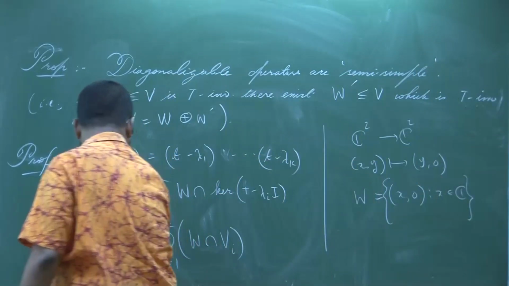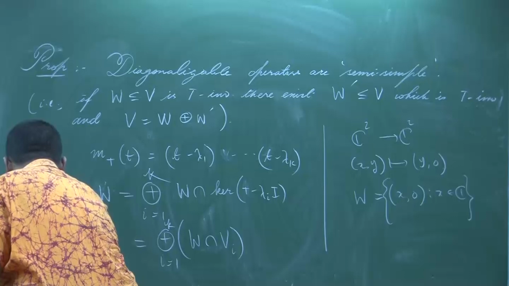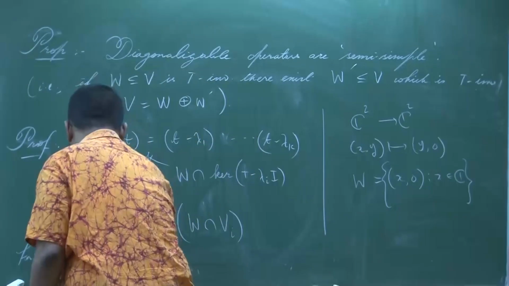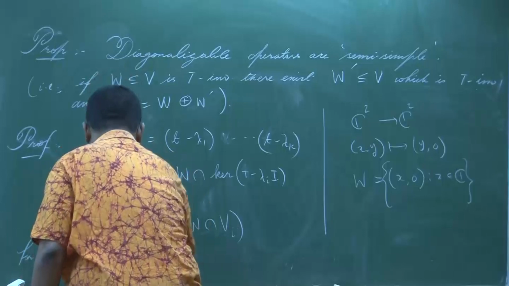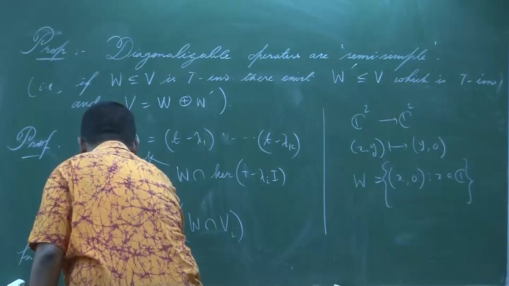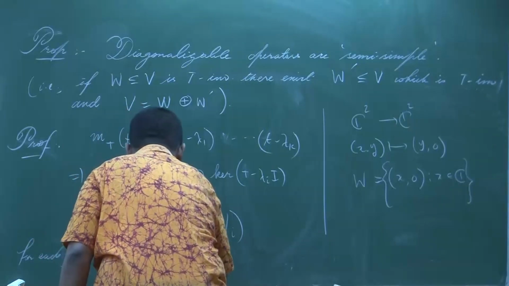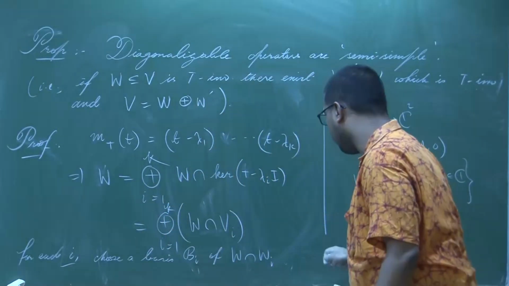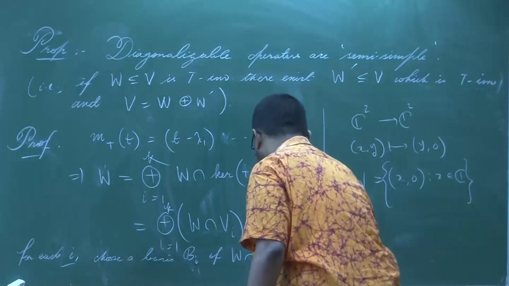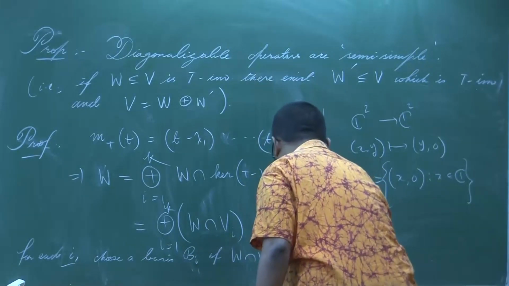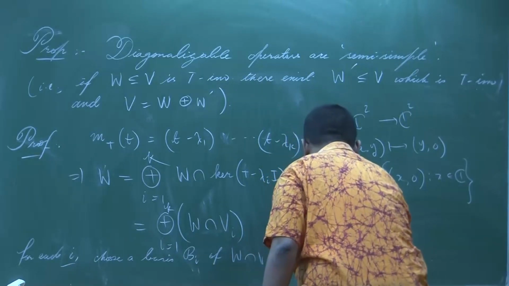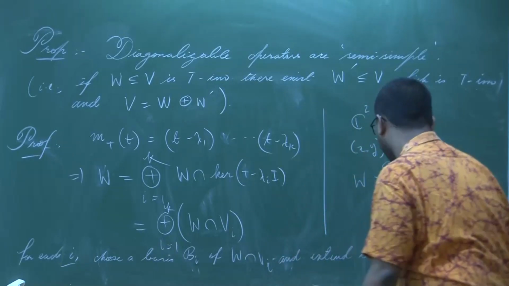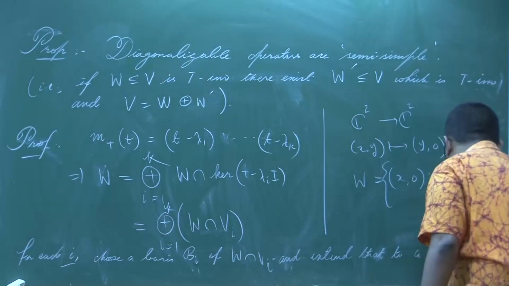So, for each i, let me be somewhat explicit: choose a basis Bi of W intersection Vi, and extend it to a basis of Vi.